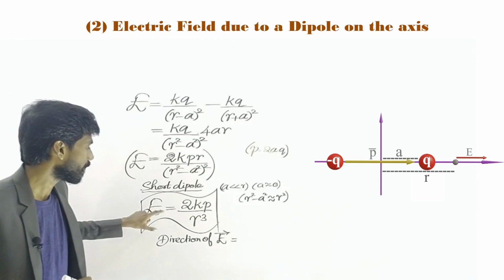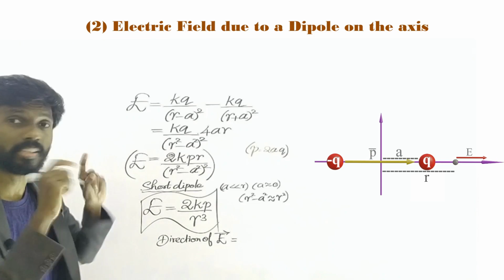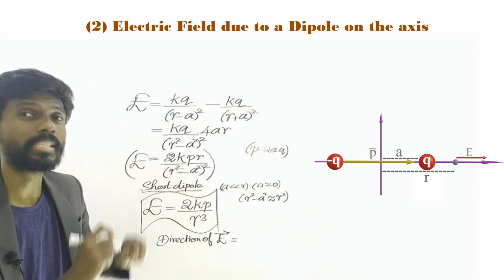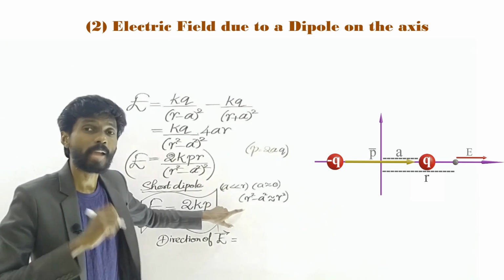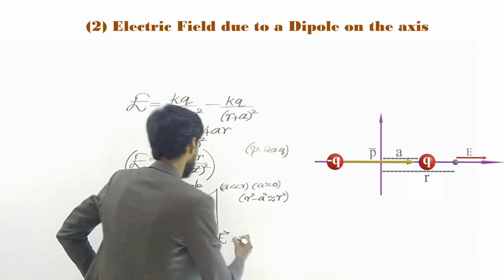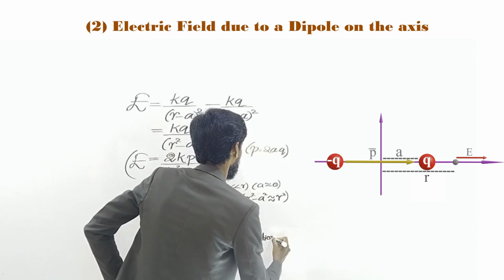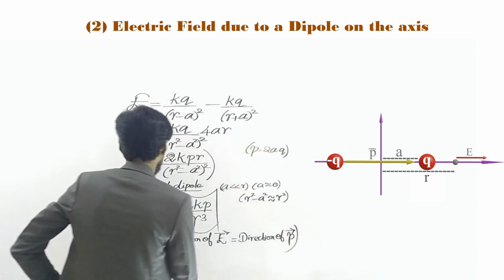So the electric field has the same direction as the dipole moment when the point is on the axis. So the direction of E is the same as the direction of the dipole moment P vector. This is also important.